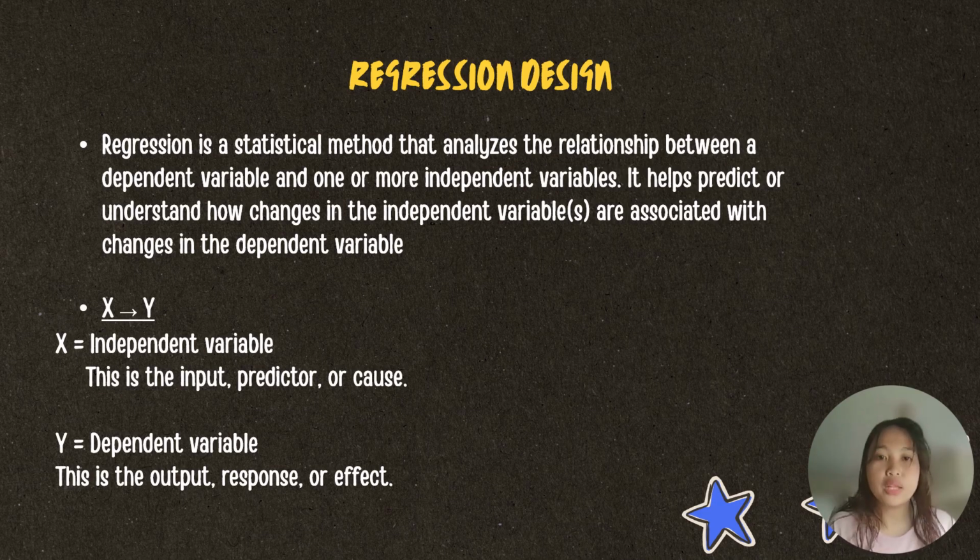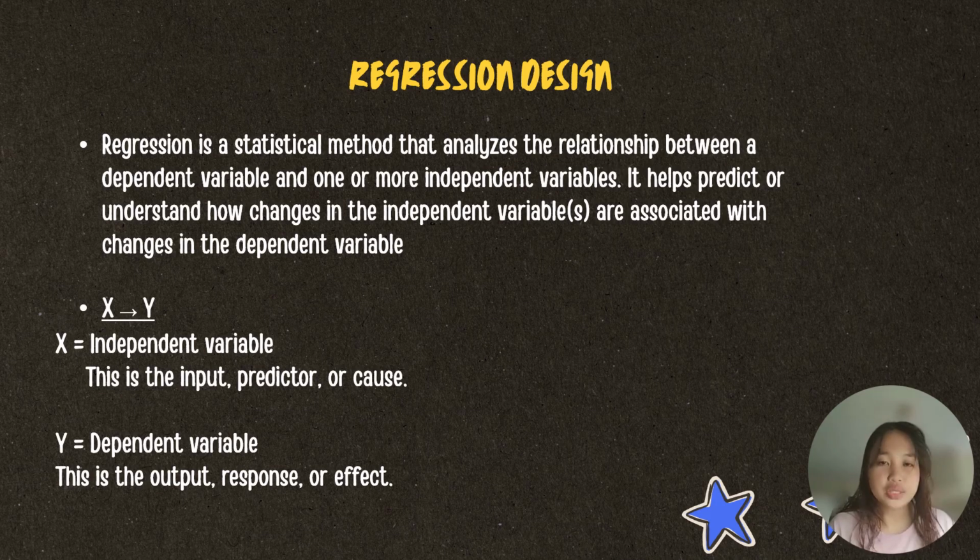So X is the independent variable, meaning we can control this data by either increasing or decreasing the screen time of the sample or the subject of the study to see how it will affect Y, the dependent variable. Another thing to remember is that in regression, having a large number of respondents is more advantageous, as you can see how each variable affects the other.